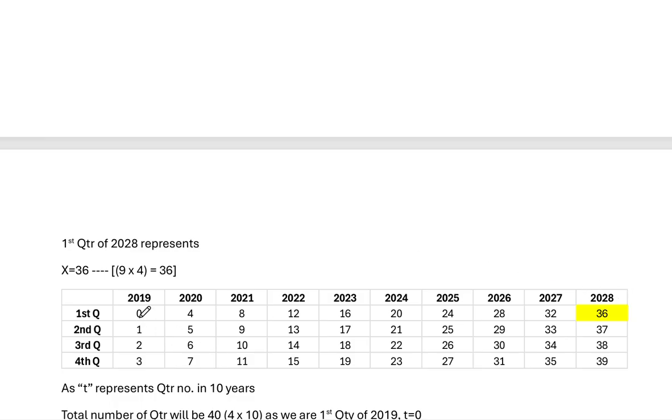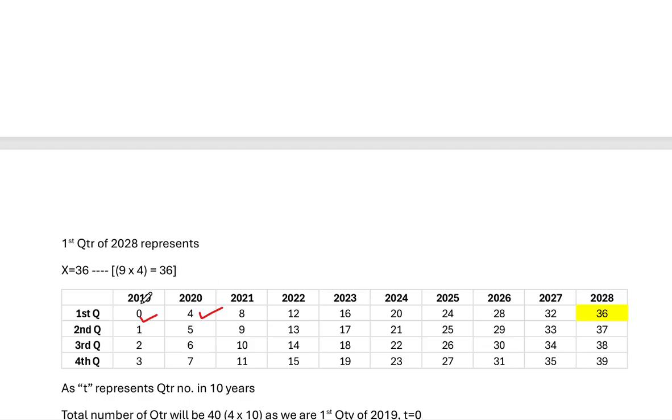Let's assume first quarter of 2019 is 0. I mean x is 0. Second quarter is 1. Third quarter 2 and fourth quarter 3. Next, for 2020, first quarter will be 4. In this manner, we will calculate up to the fourth quarter of year 2028.